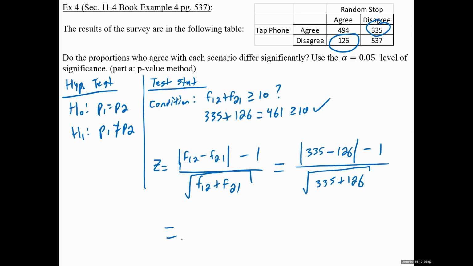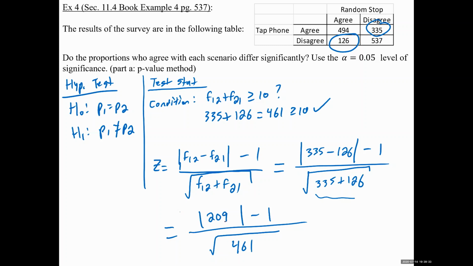What I would do is put an intermediate step in here. So here's the minus 1. I'm going to leave the absolute value here. And I'm going to add the numbers on the bottom. So the bottom number is 335 plus 126. We already did that as 461. Let me just make sure we did right. 461, yeah. On top, if you do 335 minus 126, the number in the absolute value is 209.